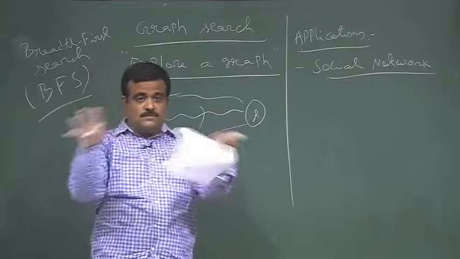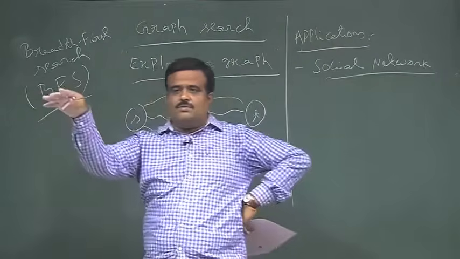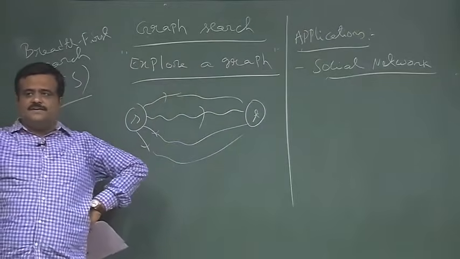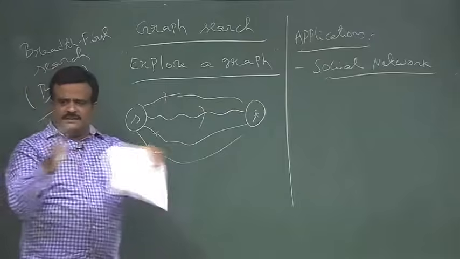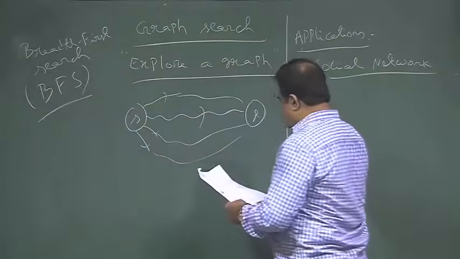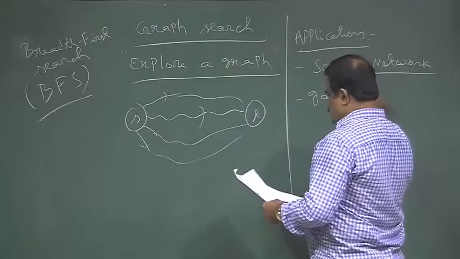So, we have to explore the graph. Or suppose there is another user node, and I want to see whether I can reach that user through my friends. This is one application. Another application is maybe garbage collection.